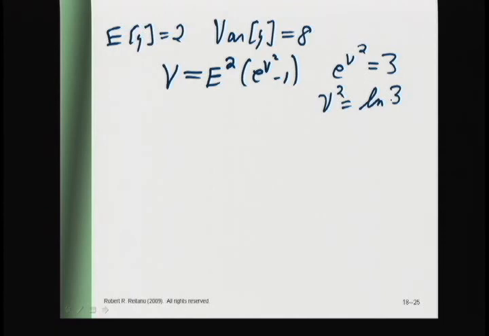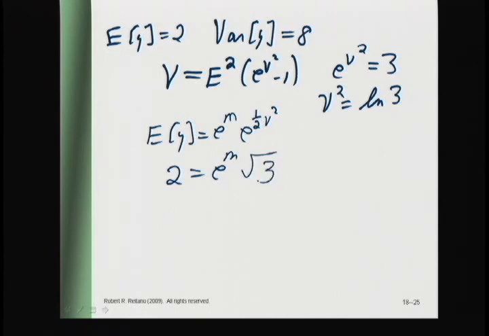Because I have an expression that the mean of y is equal to e to the m times e to the half v squared. So I know the mean of y, 2, is equal to e to the m, and e to the half v squared, of course, is the square root of e to the v squared. So I get square root of 3. So I finally get m is the natural log of 2 over square root of 3.